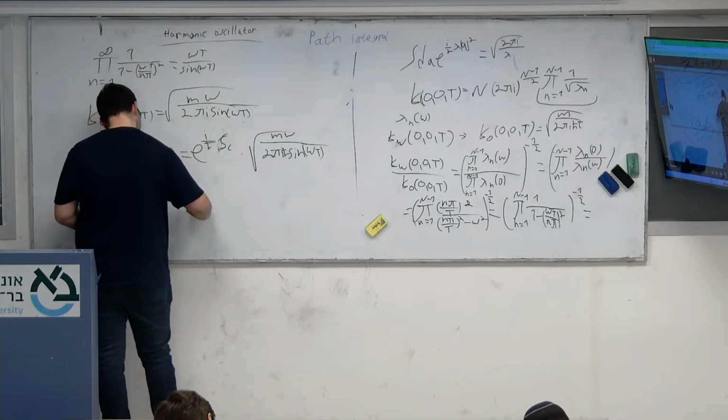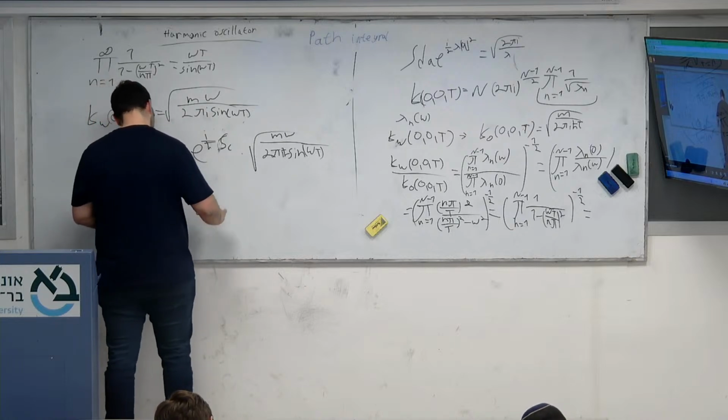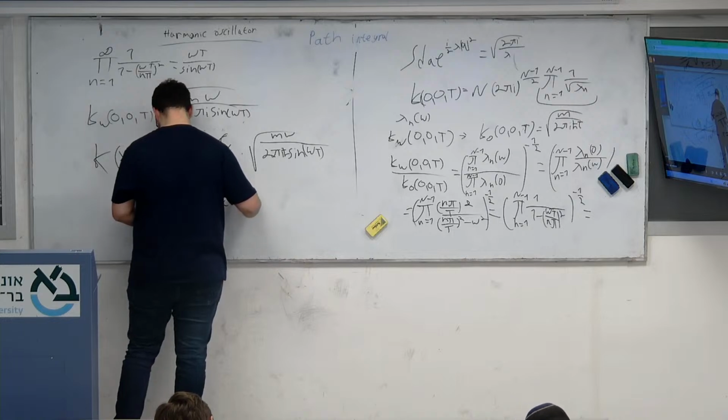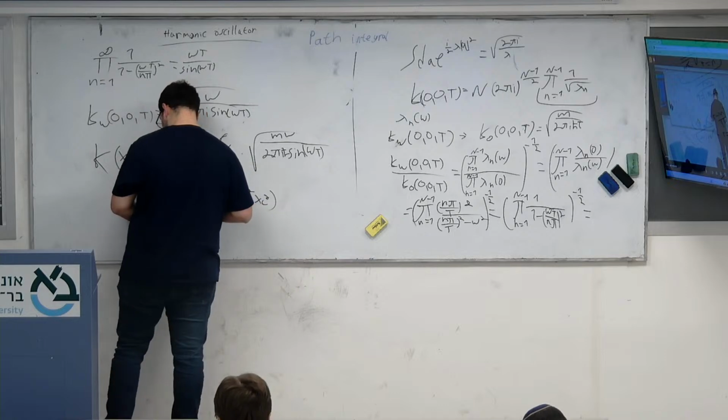The action is m divided by 2 integral from 0 to t of dt of xc dot squared minus omega squared xc squared.